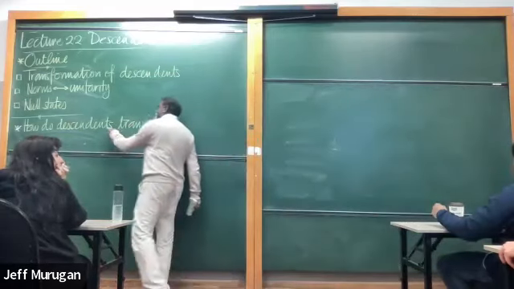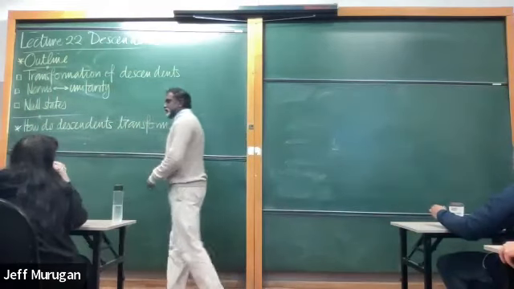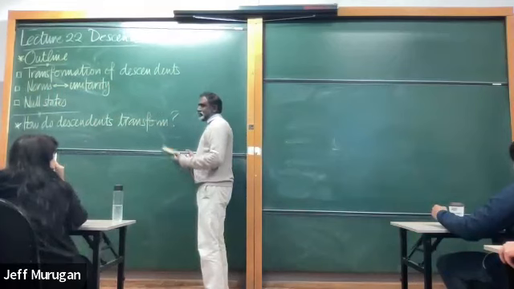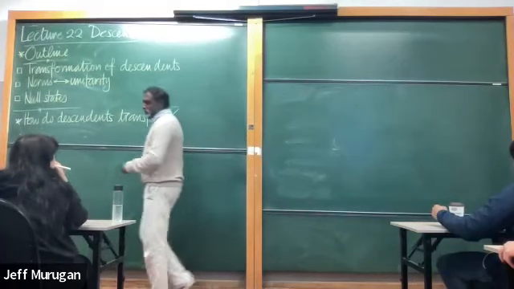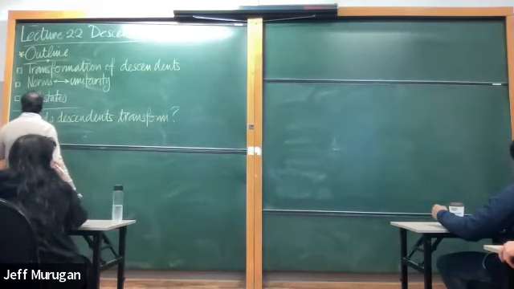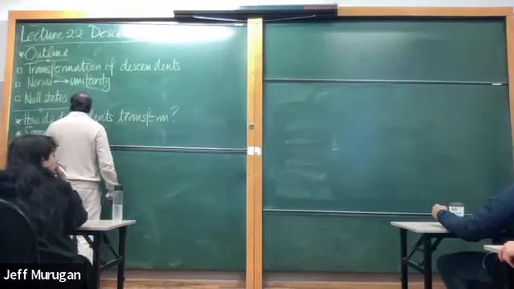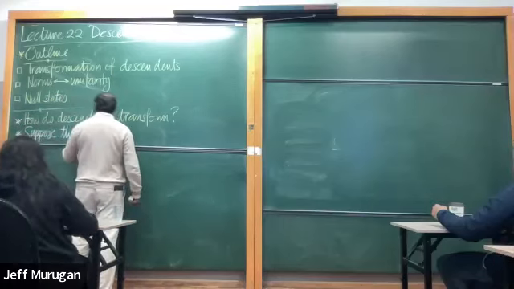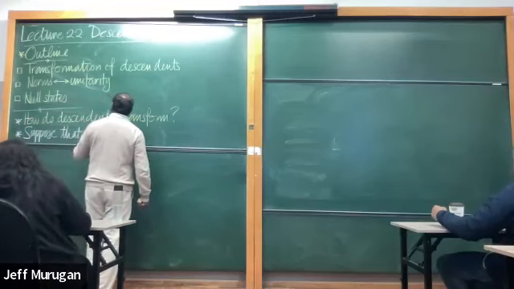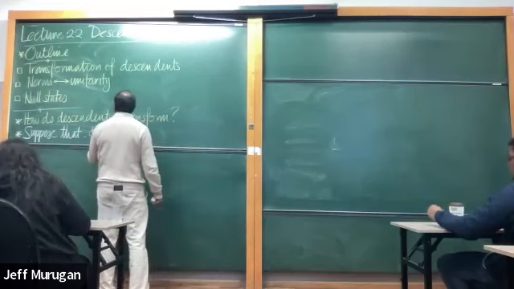So the question is, how do these things transform? And to be concrete, let's focus our attention on just the first descendant, or level 1 descendant, associated to some scalar primary. So suppose that phi of x is a scalar primary of dimension delta.